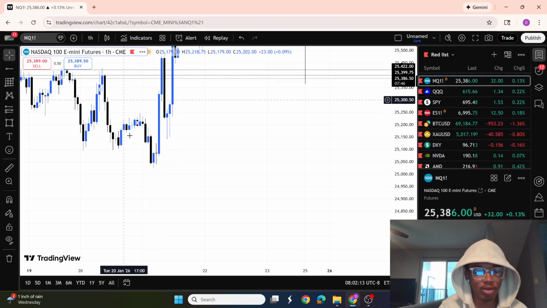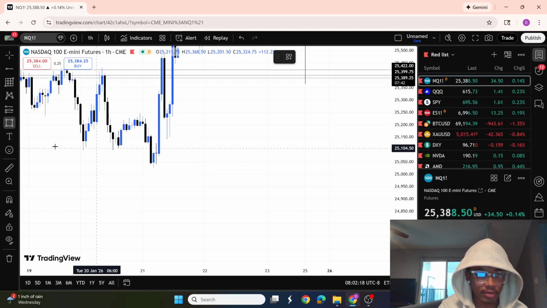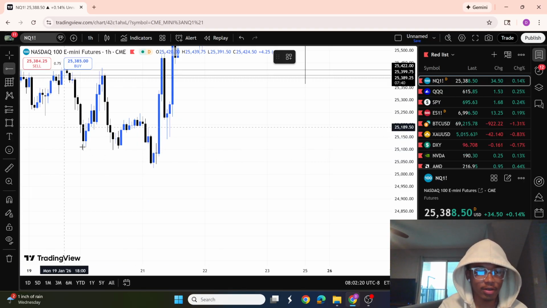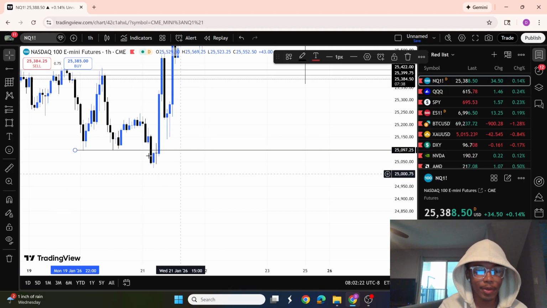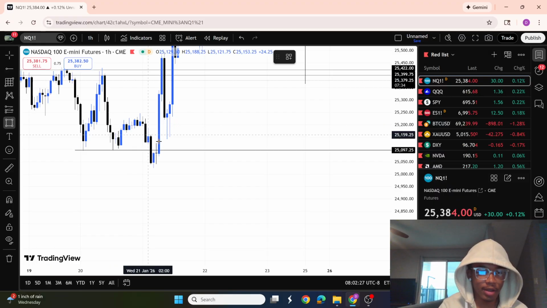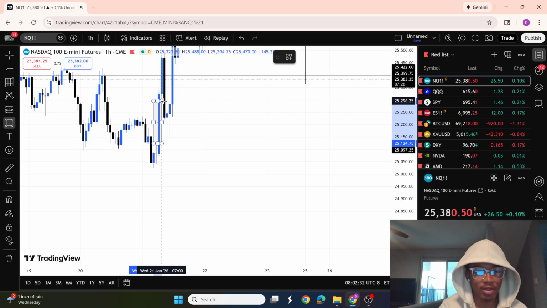Shoot, this the best time. All right. You can see price sweeps these lows under here. Boom, break structure with this candle. Now our fair value gap would be top wick of the first candle, full body of this second candle, and bottom wick of this third one. Now I'm gonna extend it out just so you can see it.